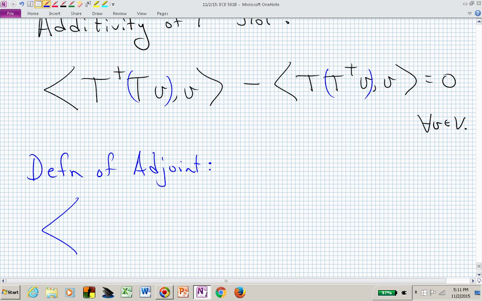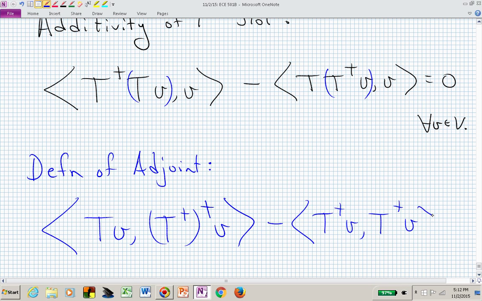what do we end up with in the first inner product? We want to slide that T dagger into the second slot, so we now need to dagger that dagger in the second slot. We now have TV, and we have T dagger dagger times V to move it over into the second slot. And if we're taking T into the second slot, we now say that that's T dagger V. And again, that's equal to 0.